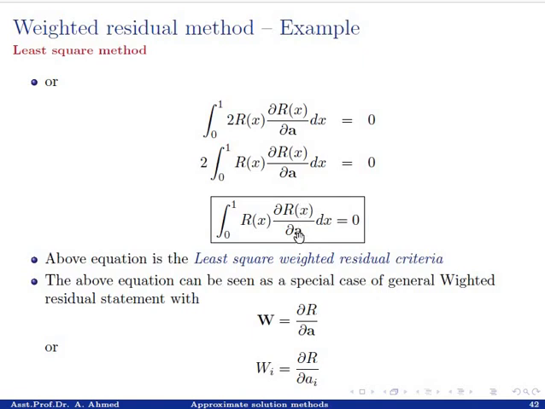As I said earlier, these methods were developed independently and then they were compared with that generic equation. Of course the concept of the weighting function differs. So in the case of the least square method, the weight function is represented with this differential.